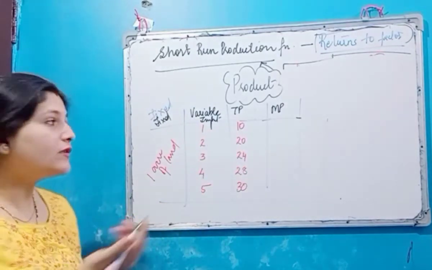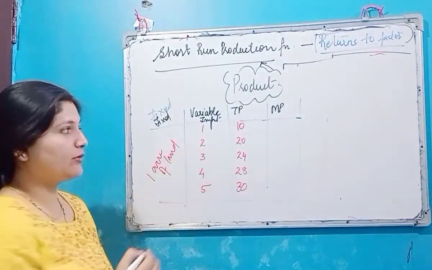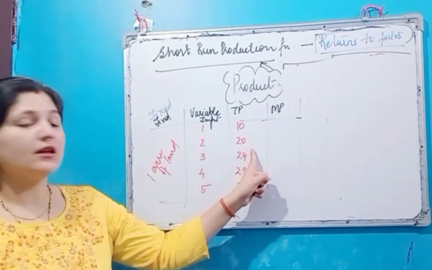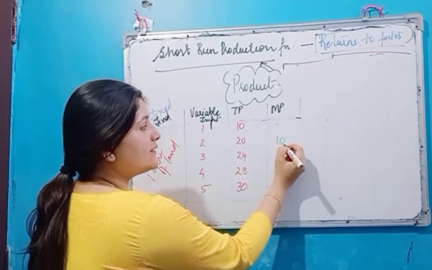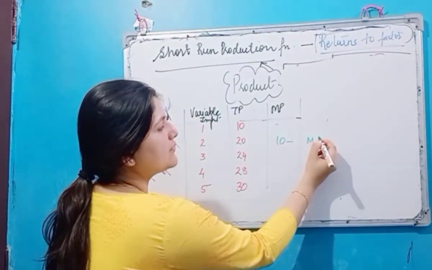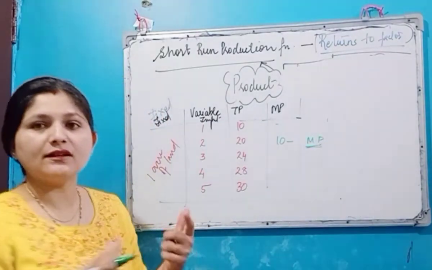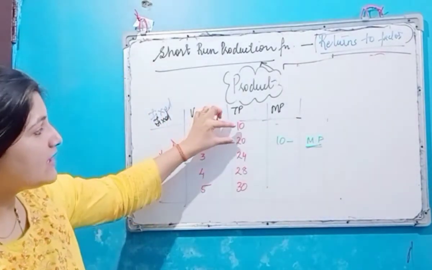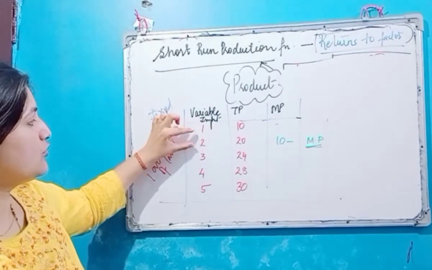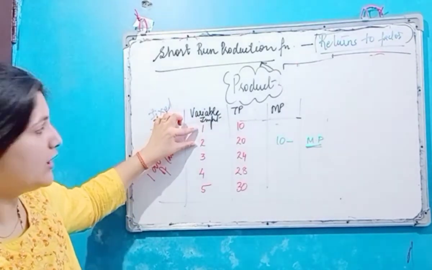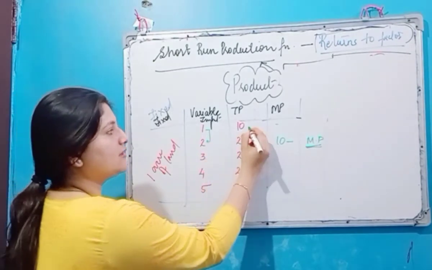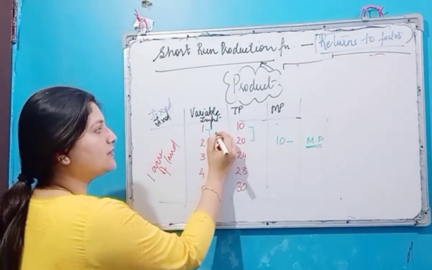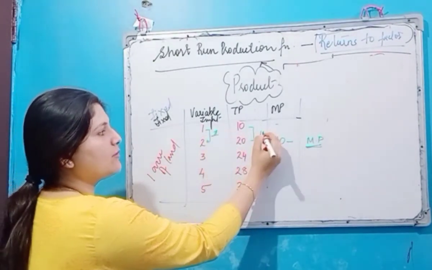When one more was introduced, how much is the increase in total production? Total production increases by 10. This 10 is nothing but marginal product. So basically marginal product is the change in production due to change in variable input. When variable input increases by 1 unit, there is a change of 10 units.